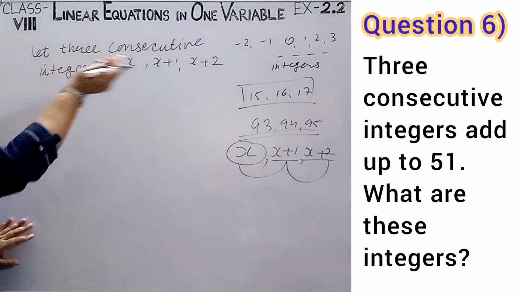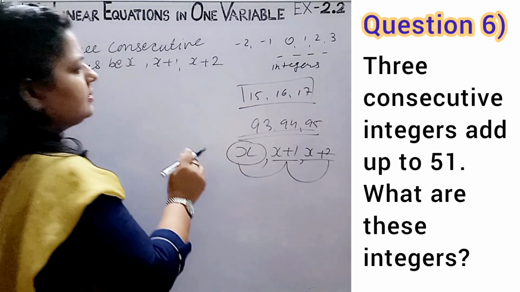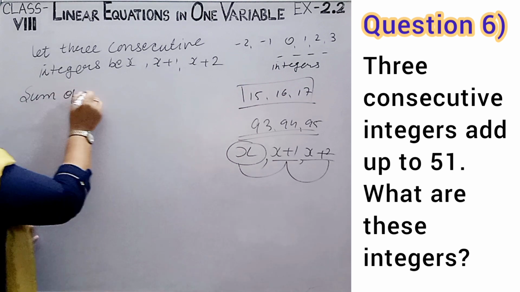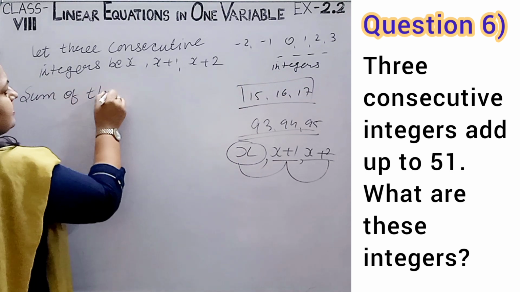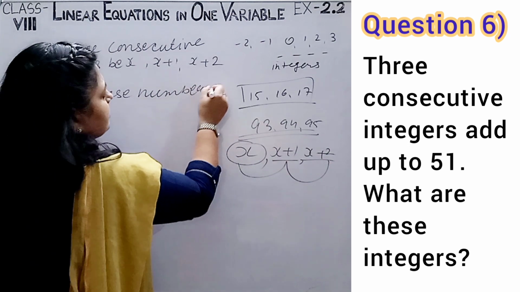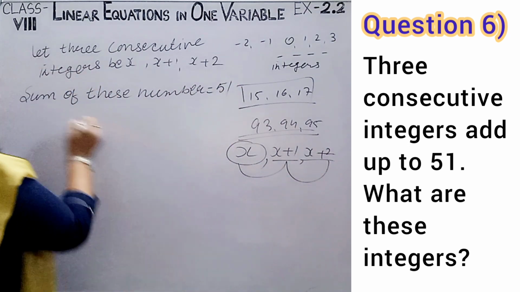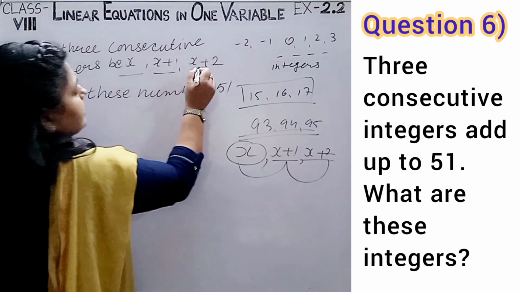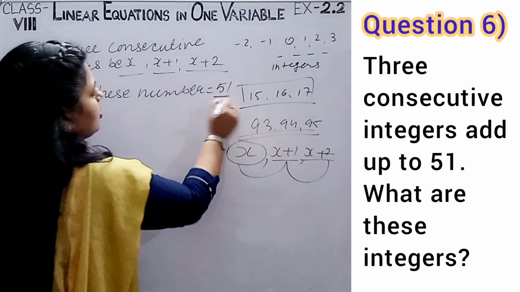And what is the sum? The sum is given as 51 in the question, and according to the question, when we add these 3 numbers we get 51.